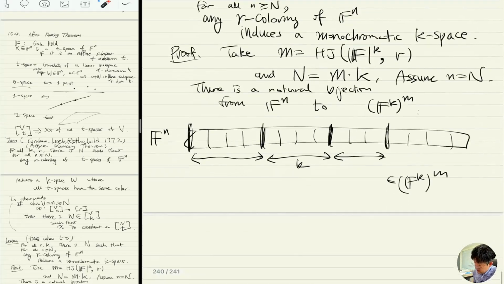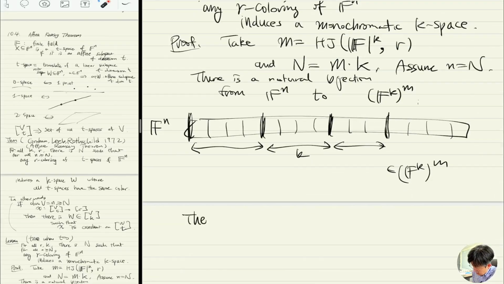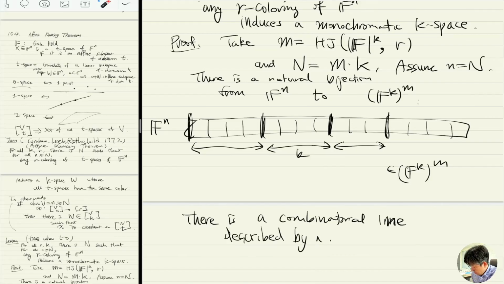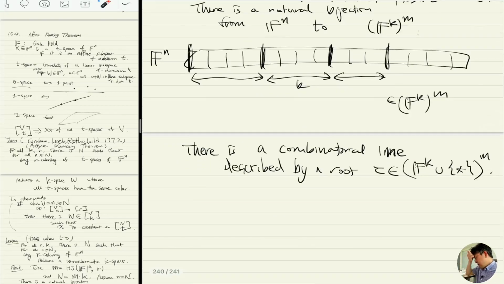And so by the Hales-Jewett theorem, since we have this many possible letters for each coordinate and we have this many colors, there is a combinatorial line described by a root tau in (F^k union star)^M. Now, what is a star?